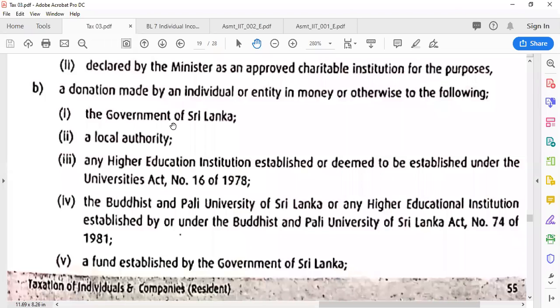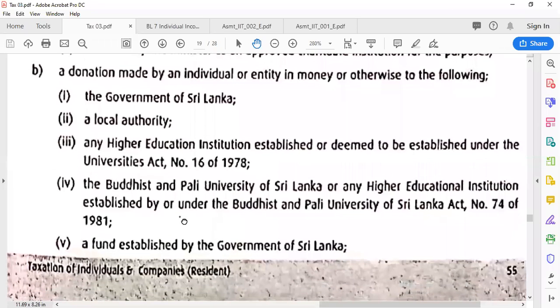Number 4, the Buddhist and Pali University of Sri Lanka, or any higher educational institution established by or under the Buddhist and Pali University of Sri Lanka Act number 74 of 1981, and a fund established by the government of Sri Lanka. So if you give a donation in terms of money or otherwise, that can be treated as a qualifying payment.